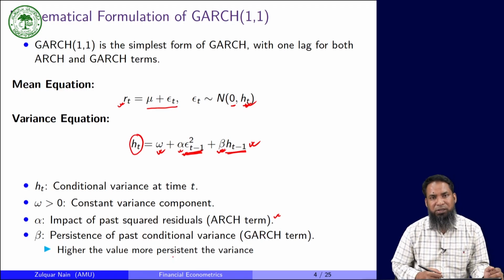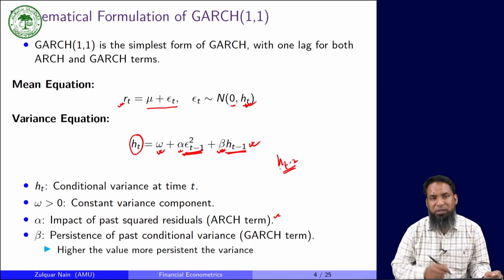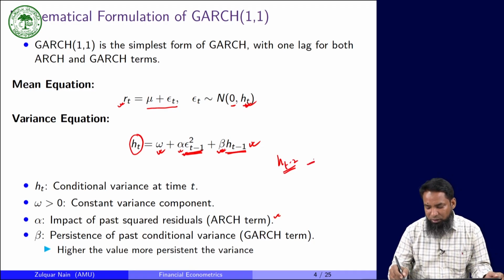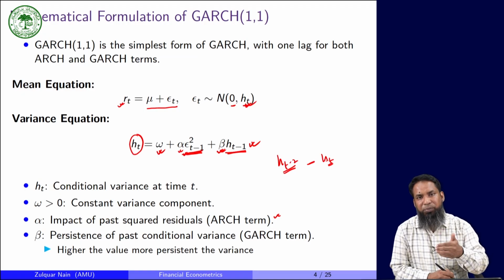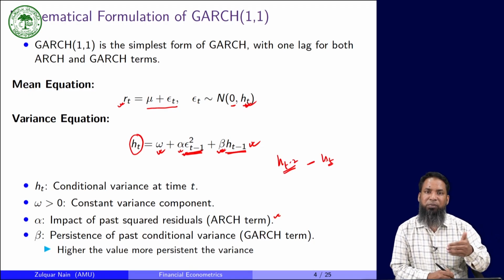What we mean by persistence is, let us say h_{t-2}, that is the variance two periods back, has an impact on the variance of the current period. That is, how much the variance of the current period depends on its own previous values is the persistence of the variance.